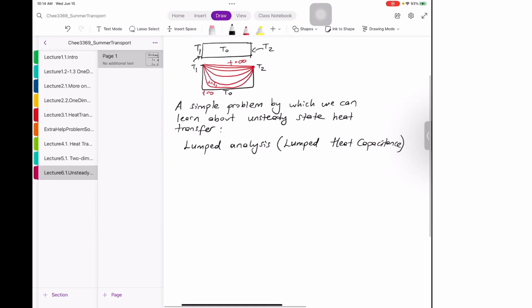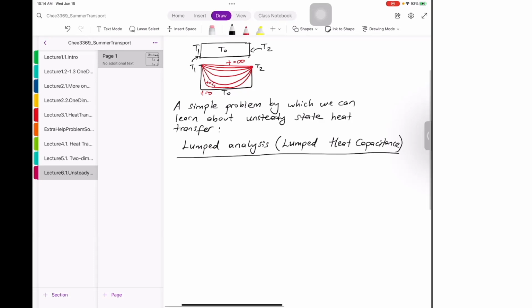So why is this simple? Because now, as I'm going to show you, we picked a problem where the temperature does not vary with respect to the positional coordinates, but only changes with time. It's like heating up of a metal sphere, or maybe cooling of a metal sphere. Okay.